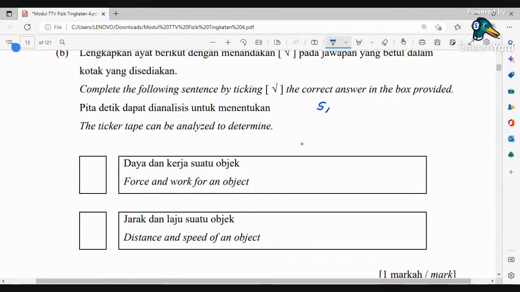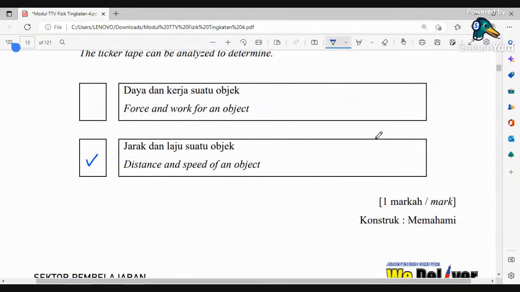Distance or displacement, velocity, acceleration, time. Only these can be determined. Force and work cannot. So you just take this box: distance and speed. So a ticker tape can analyze motion, meaning determine distance or displacement, speed or velocity, acceleration, and time taken.